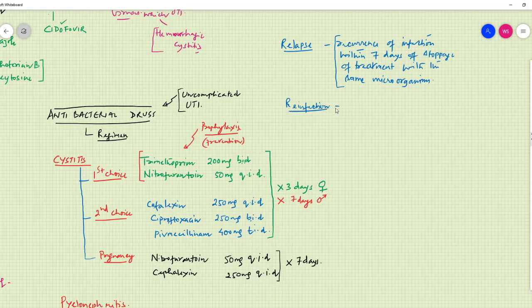So reinfection we define as the recurrence of infection after 14 days of stoppage of treatment with the same or different microorganism.